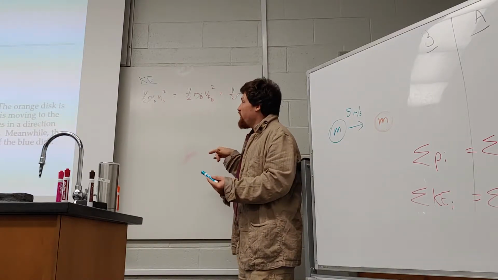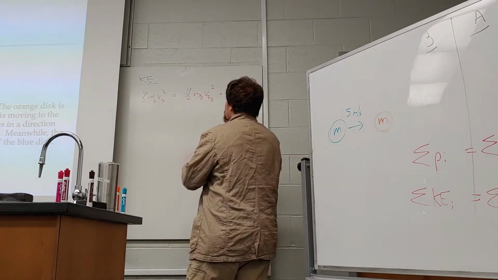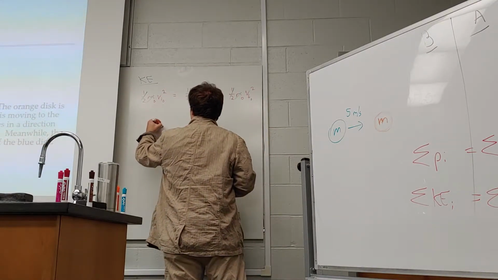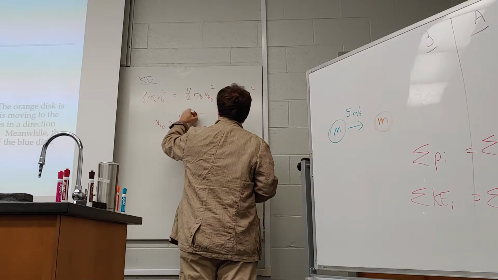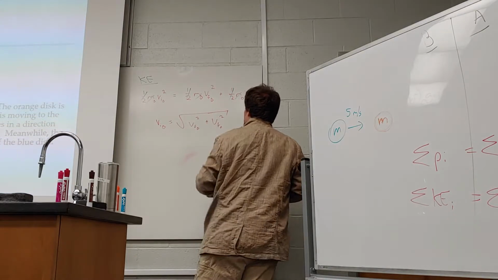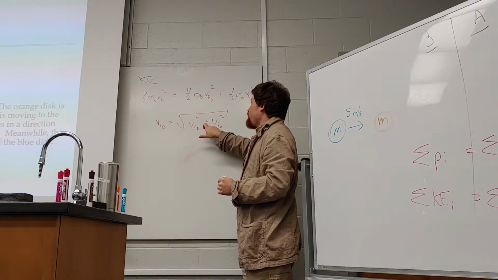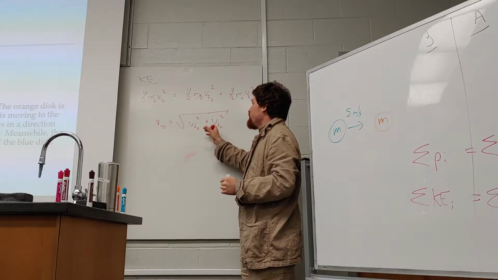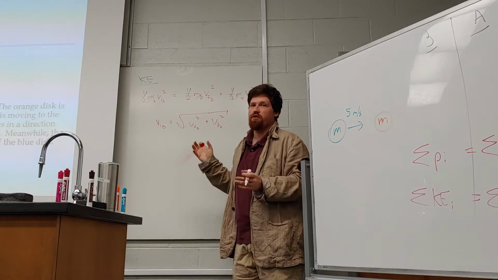I suppose you could simplify this to V initial B equals the square root of VFB squared plus VFO squared. But you'd have to do that by taking the square root of both sides, and the fact that you're adding two things together before taking the square root means that it doesn't just cancel out.